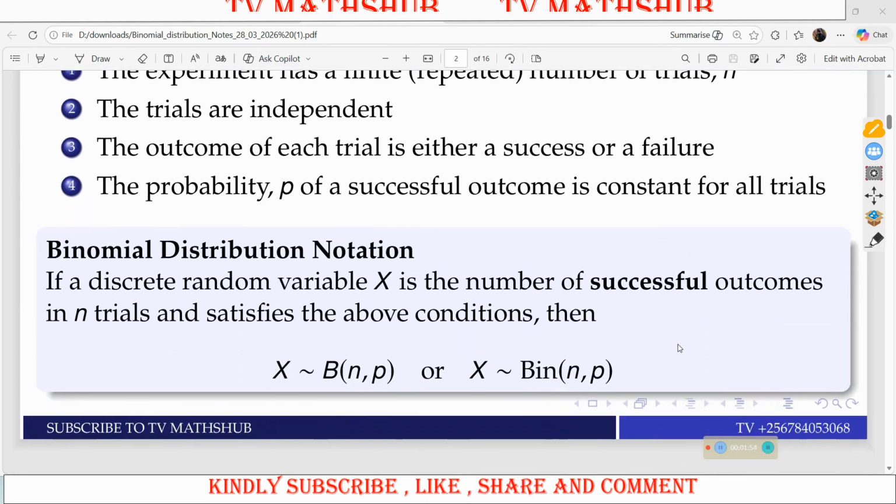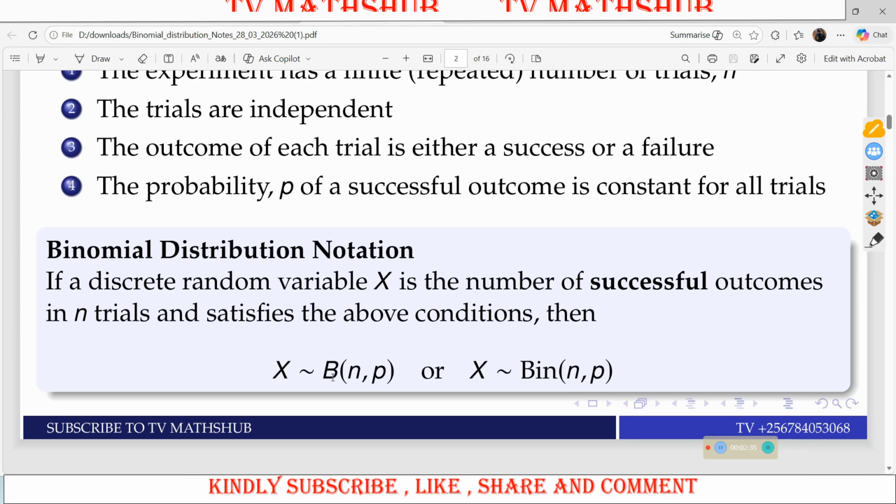If you have a discrete random variable x, which corresponds to the number of successful outcomes in any trials, and it satisfies the above conditions, then we shall say that x follows a binomial distribution. It will be denoted by x ~ B(n, p), where ~ indicates follows. We shall be using the parameters n and p, where n represents the number of trials, and p represents the probability of a successful outcome.